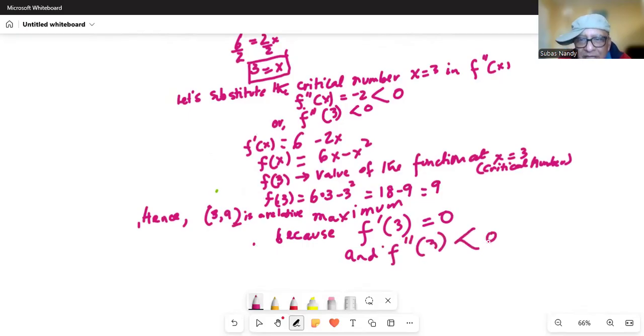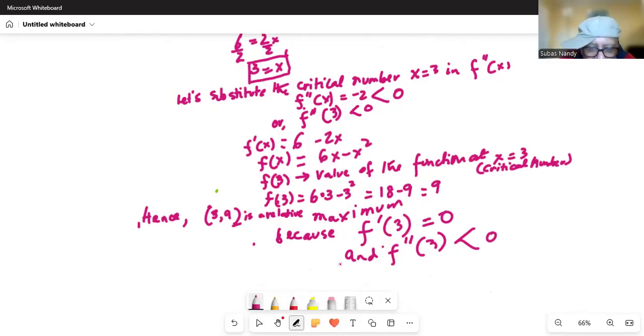Remember, it is minus 2, so less than 0. Hence, the point (3, 9) is a relative maxima of this function f of x equal to 6x minus x squared.